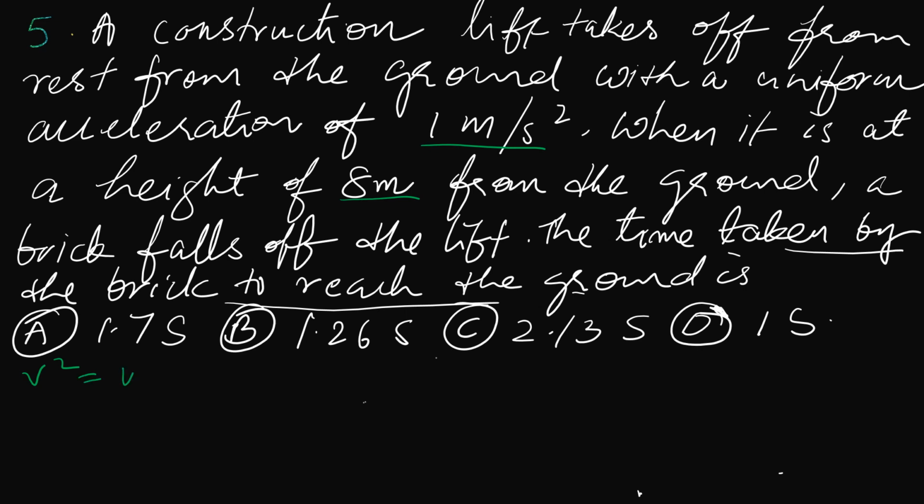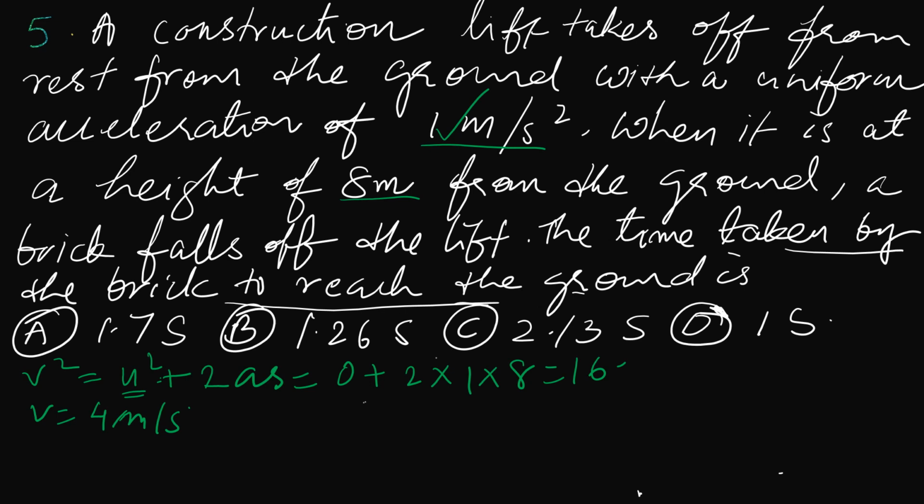We can use the equation v square equal to u square plus 2as. Since the lift starts from rest, u equal to 0. So 0 square plus 2 into 1 into 8 is 16, or v equal to root 16, that is 4 meter per second.